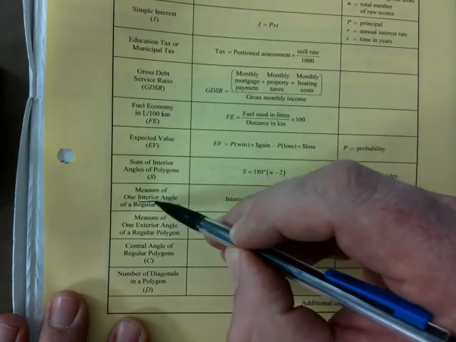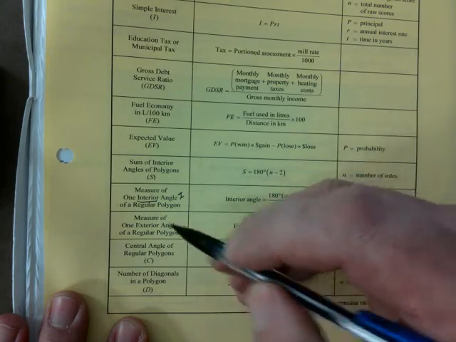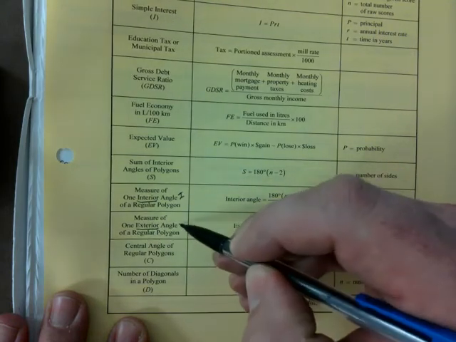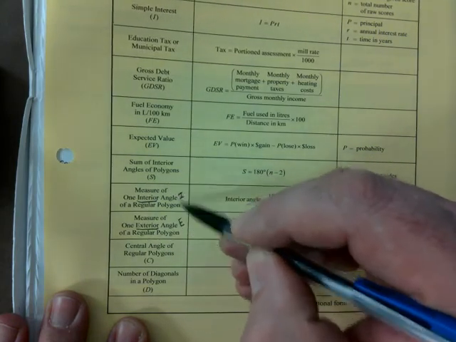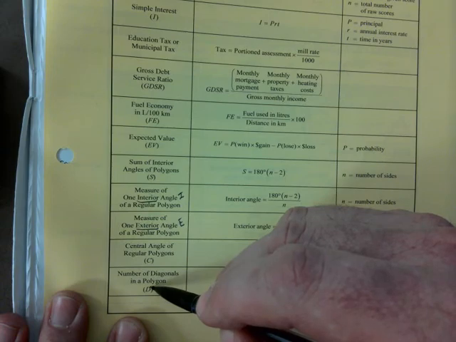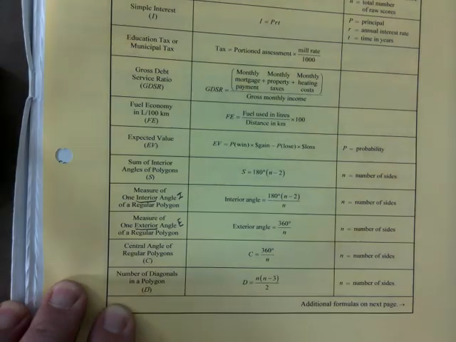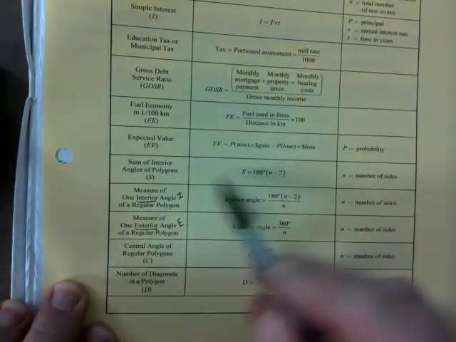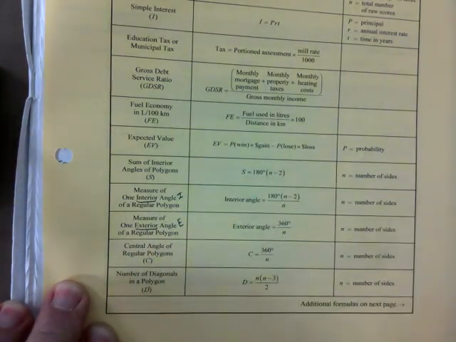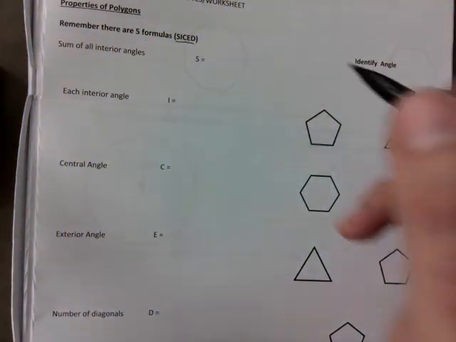There's the interior angle, which we call I. There's the exterior angle, which we call E. Those are the five formulas that you're going to use in this section. Okay, and I will give them to you here.